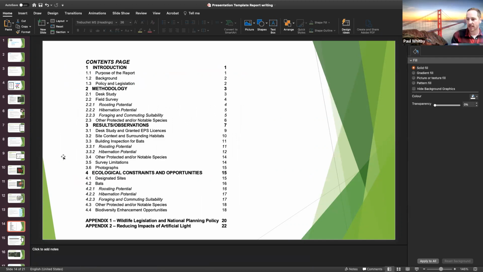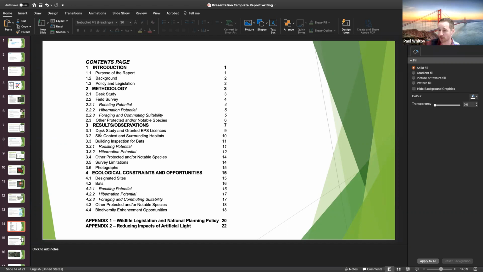Okay, and just to sort of break it down a bit further, I've included a copy of a contents page. This is taken from one of our bat scoping report templates. You'll see within this that the headings that I alluded to earlier are broken down a bit further into subheadings that help prompt you to fill in the right information. So if I take the results as an example, within it, you've got the desk study and a search for granted EPS licenses.